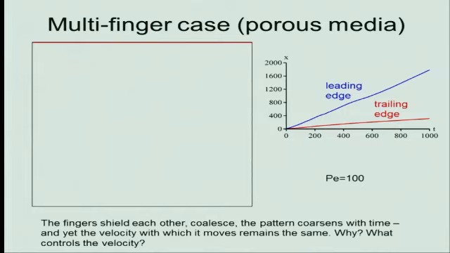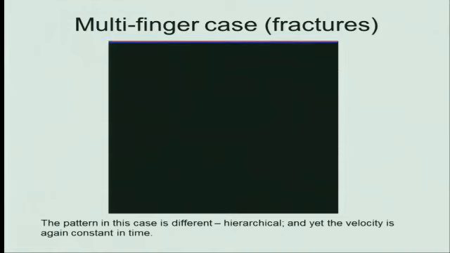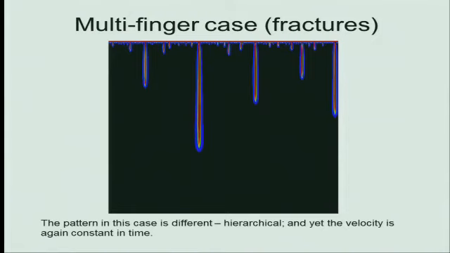But the problem is how to predict this speed, because this would give you the breakthrough time. And just to compare, in the fractures the situation is different. Yes, you have this hierarchical structure which I have told you about. So all the dissolution is just focused in the few longest growing fingers.